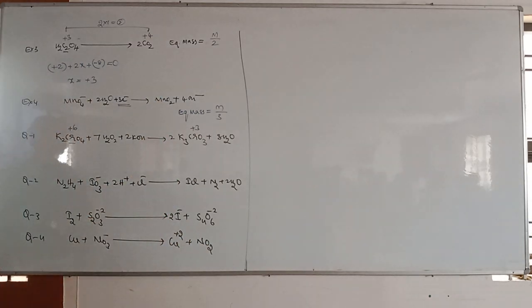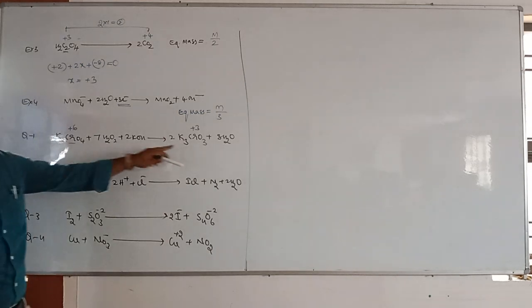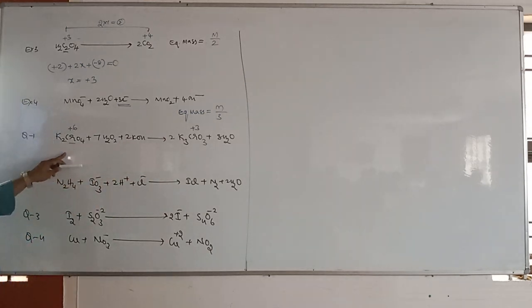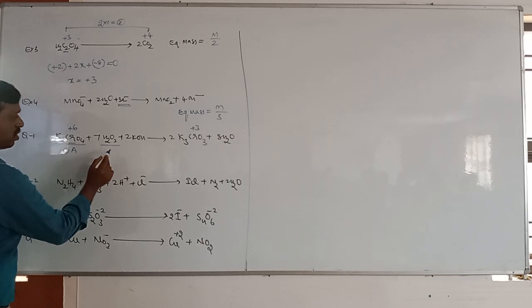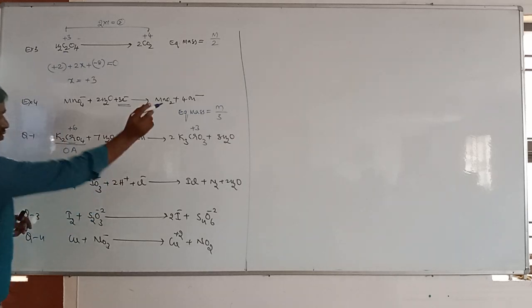Now chromium goes from plus 6 to plus 3. Is chromium undergoing oxidation or reduction? Reduction, therefore it is the oxidizing agent.